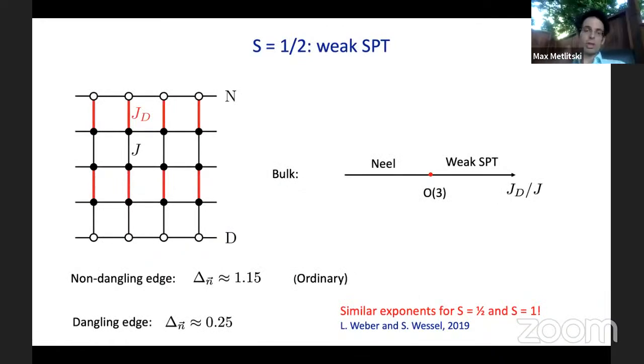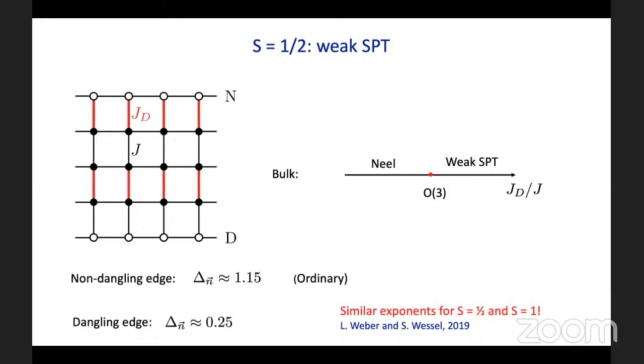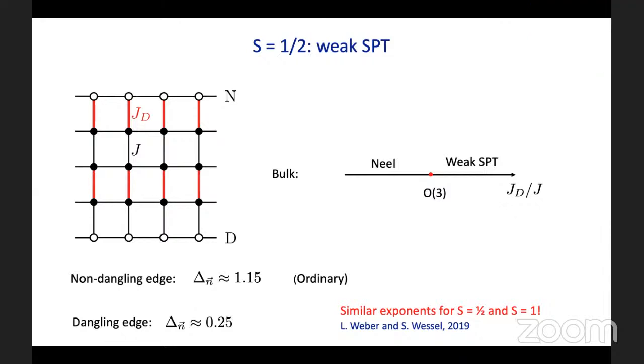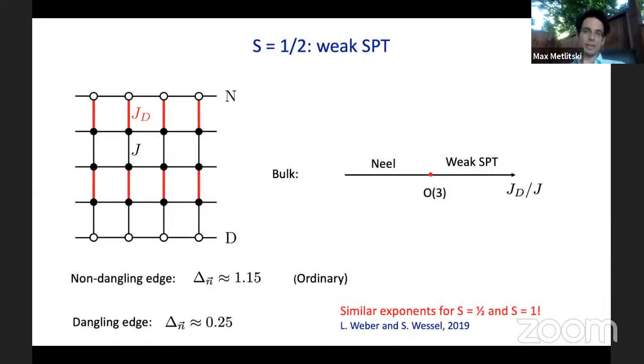Yeah, so J over J becomes like the temperature T in the classical model, right? So this is the parameter you tune across the bulk transition. Otherwise, essentially the same thing. I will come to the difference between spin 1/2 and spin equal 1 in just a second.